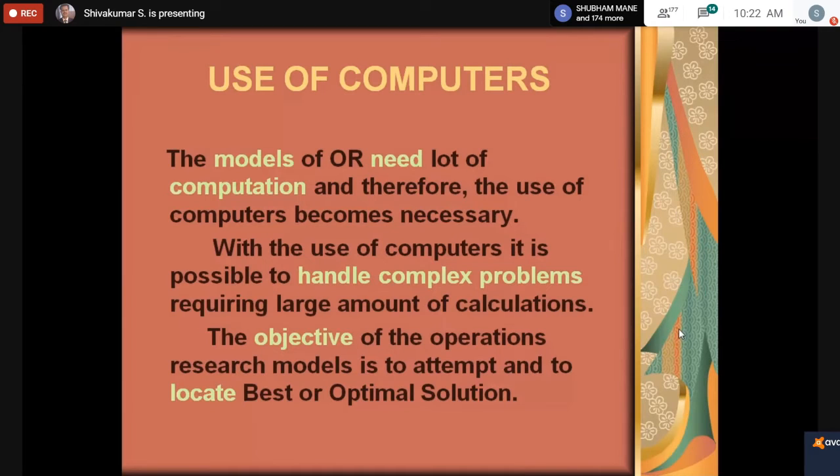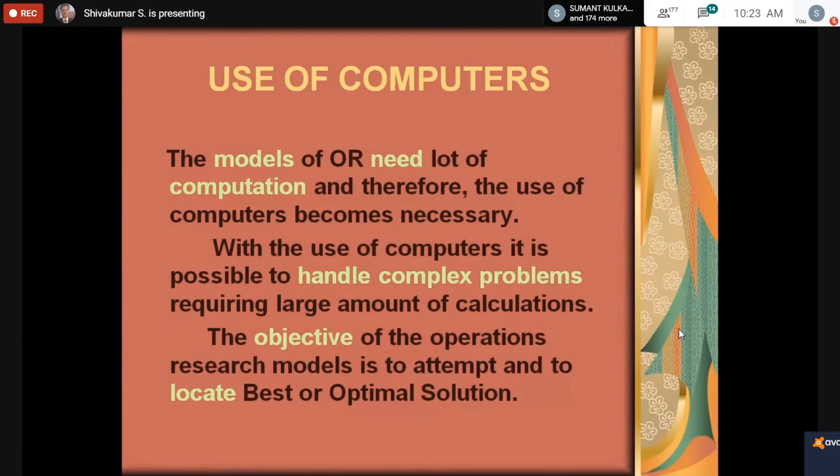But it's not so simple when you talk about bigger organizations. There you get multiple variables. If a company manufactures only one product, we can say x1 represents that product. If the company manufactures 100 products, how do you express it? x1, x2, x3 up to x100.